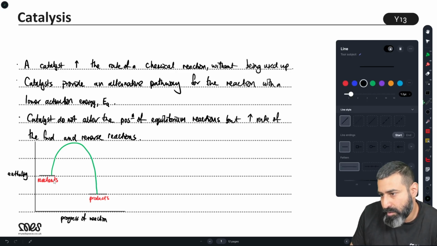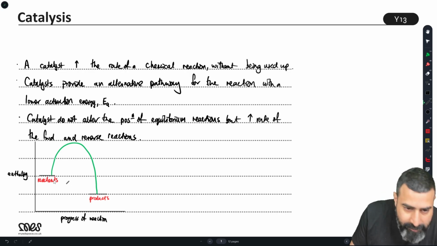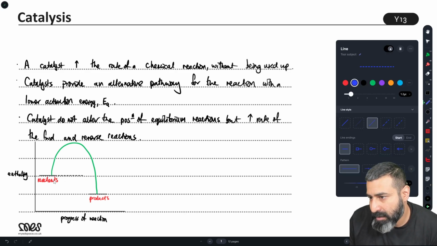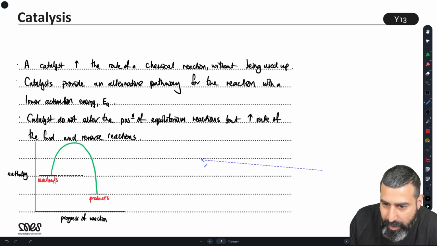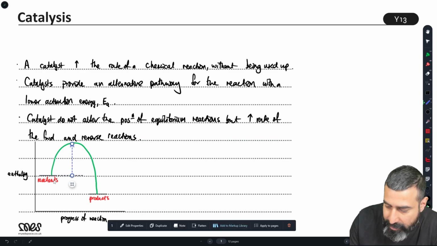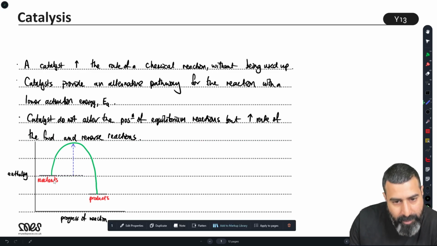And then what we're going to do is label some terms. So let's start by labeling the activation barrier. So from the endpoint of the reactants to the top of the hill, that is my activation energy. Let's move it over a bit.